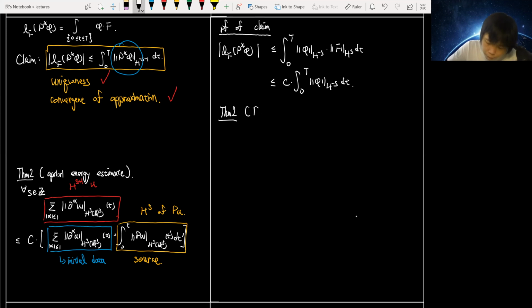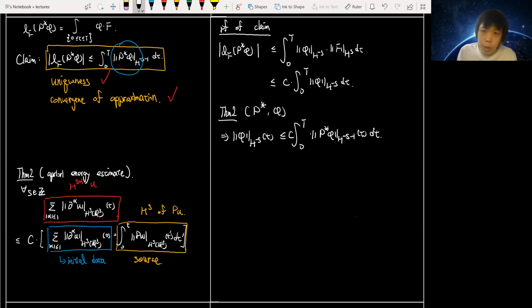By theorem 2, we apply theorem 2 to P star and phi. We get the H minus S norm of phi at time t is bounded by P star phi, its H minus S minus 1 norm, and we integrate from 0 to capital T. Here we also don't have the initial data because we reverse the time direction and we treat capital T as our initial time. This function phi is assumed to be vanishing at that moment.